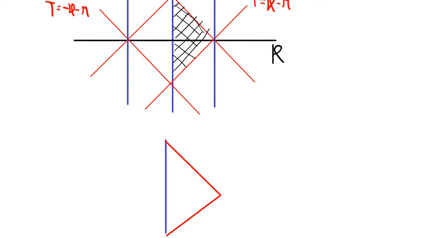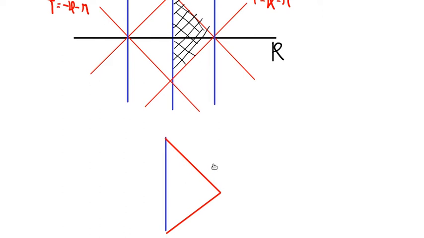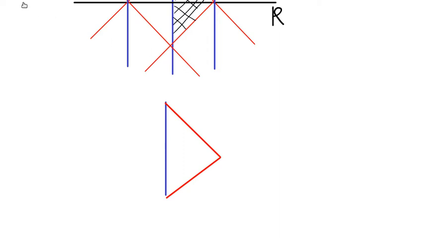So this represents this region. And this is the Penrose diagram of Minkowski.